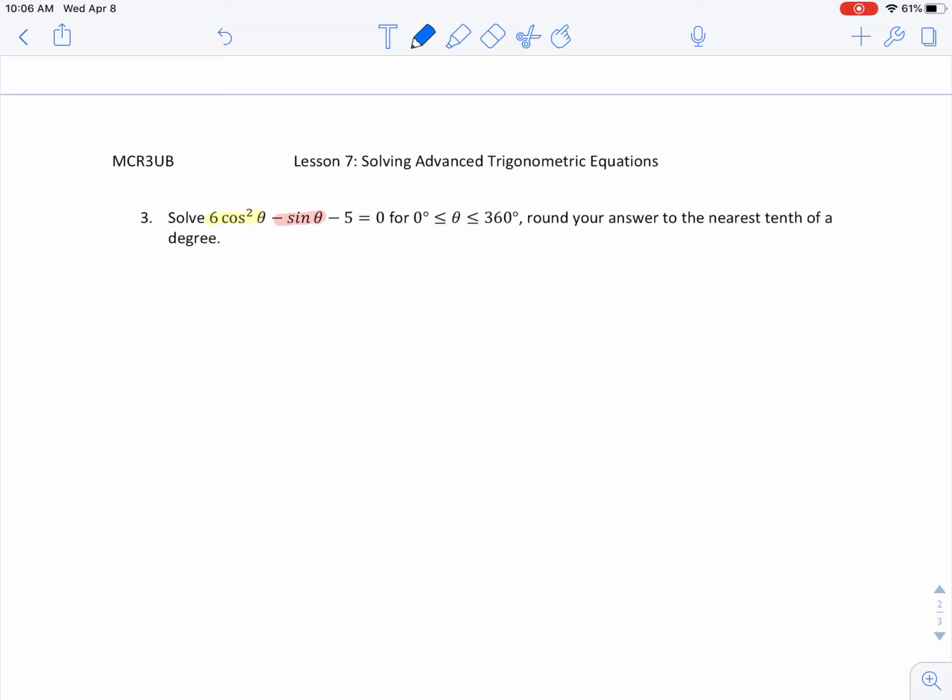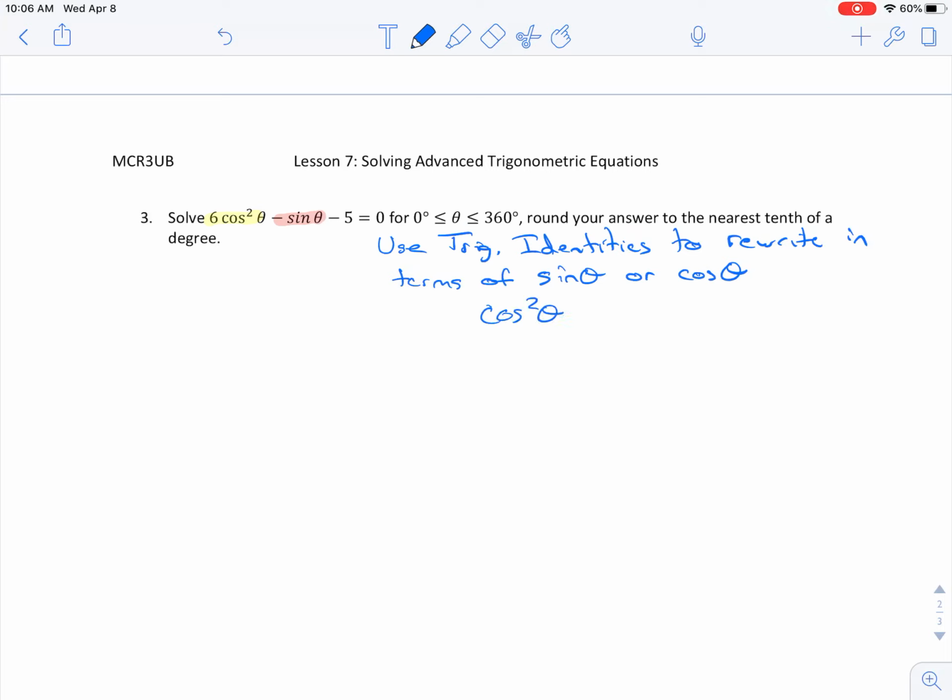So in this one, the best thing to do is we need to get it in terms of sine or cos. And so what we can do is use trig identities to rewrite in terms of sine or cos, so that we'll have it as the same trig function.